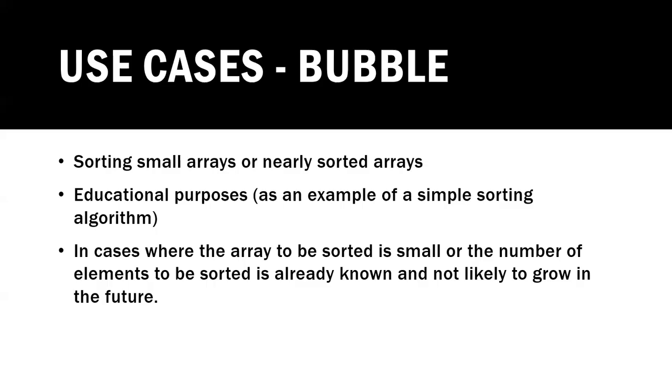But if your high score table was never getting rid of any scores, and it was just keeping every single score that ever happened, then after that game had been running for 2 years, 3 years, the sorting algorithm is going to take forever, right? So understand how your data is going to be used. The bubble sort is not a very good sort, but it's easy to learn and it represents the concept.